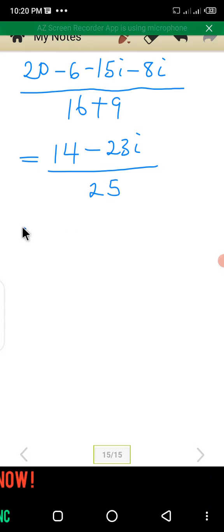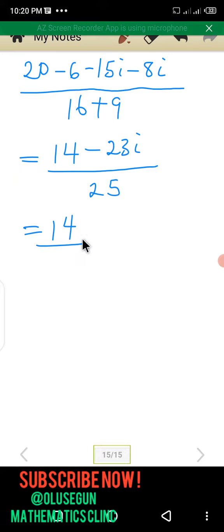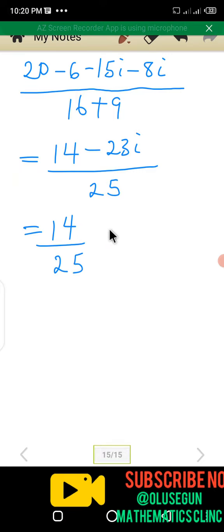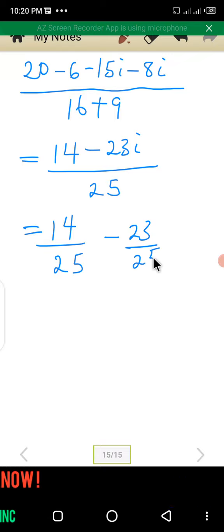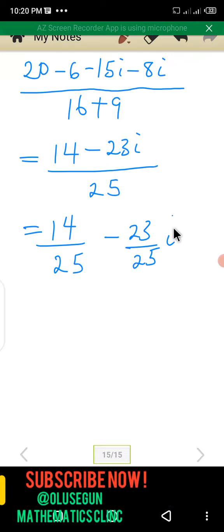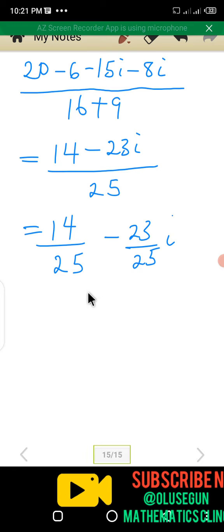So you can split it: 14 over 25 minus 23 over 25 i. That is the first example.